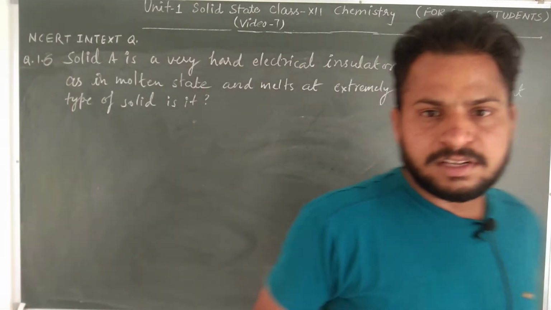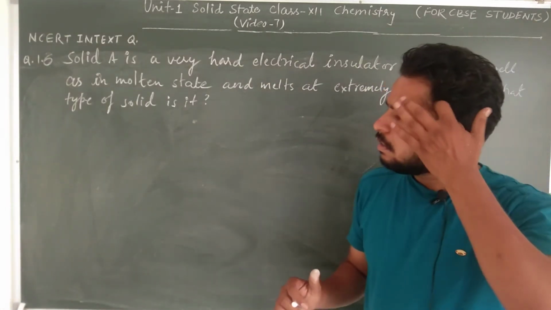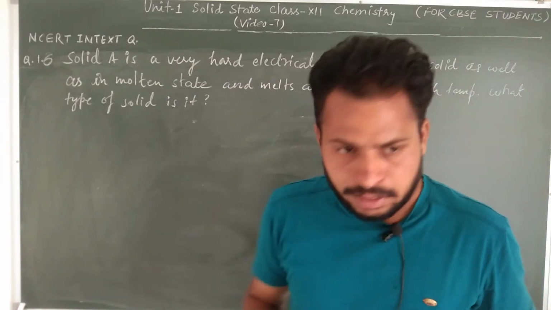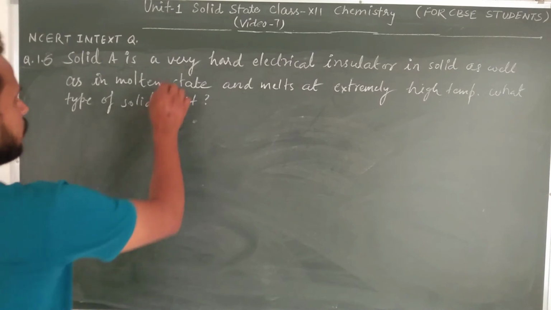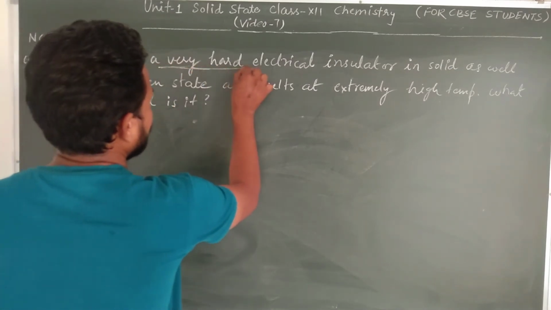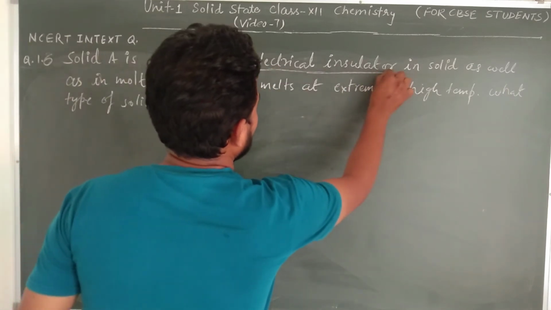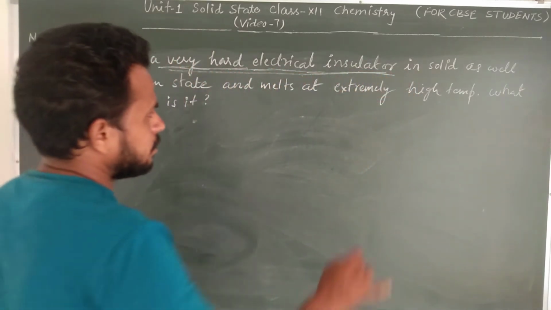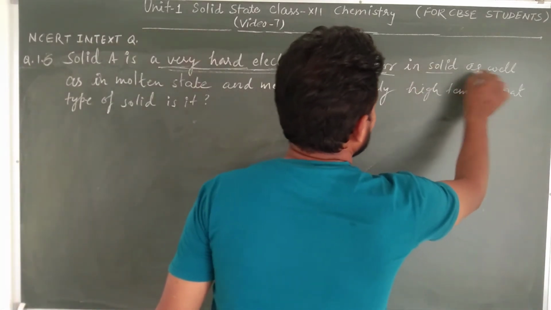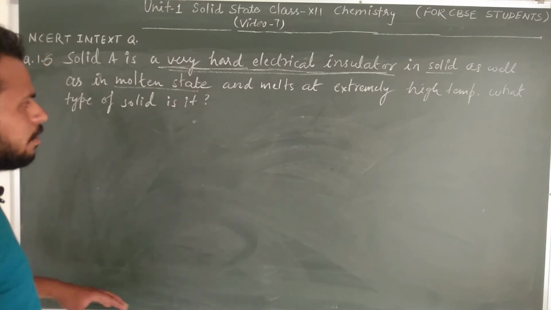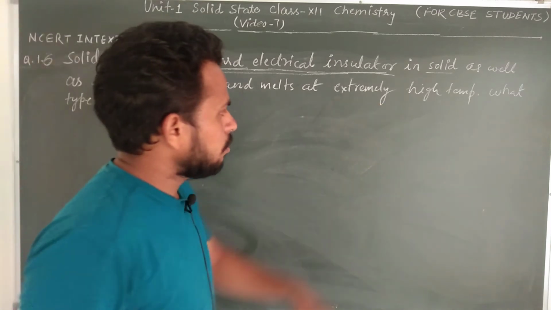So this is the next question, and the question is: solid A is a very hard electrical insulator in solids as well as in molten state and melts at extremely high temperature.